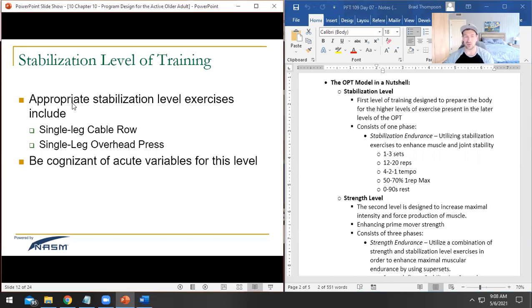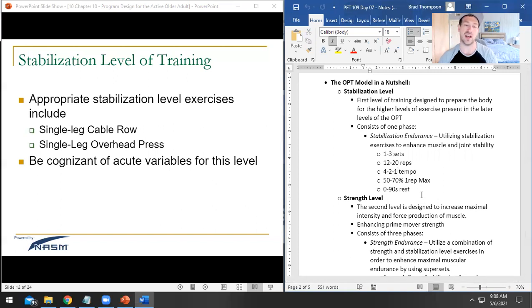Looking at stabilization training, like I said, these are going to be very unstable exercises, right? So this is going to be things like the single leg cable row or the single leg overhead press, right? That's very much the unstable versions of these common movements, whether it's a press or a pull or a push, or a hinge or a squat.